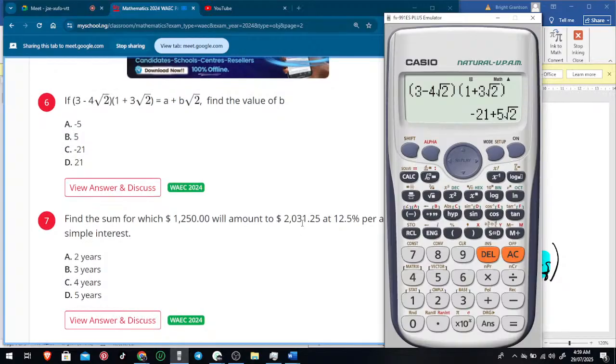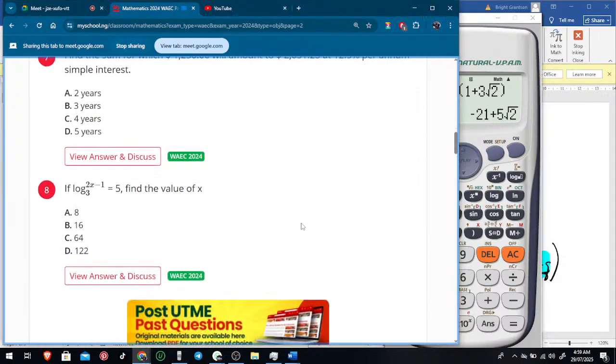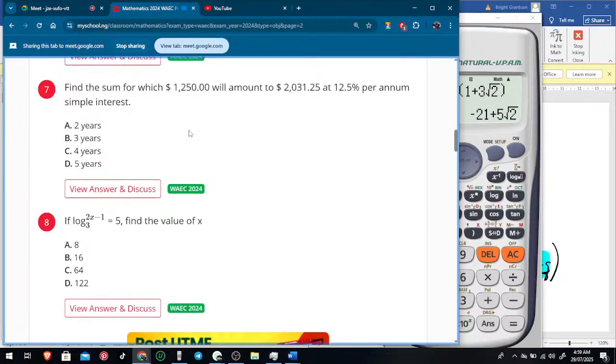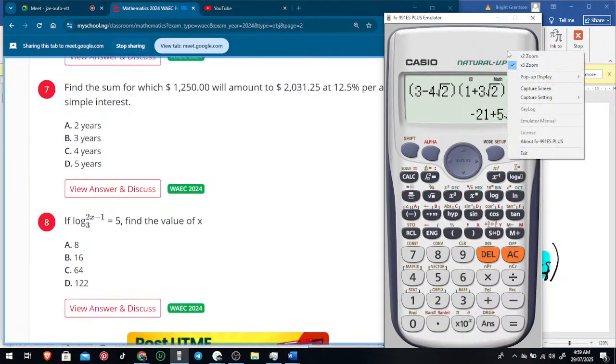So now let's go to the next one. Find the sum... this is simple interest per annum. You're using PRT over 100.